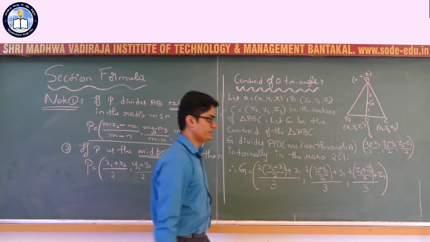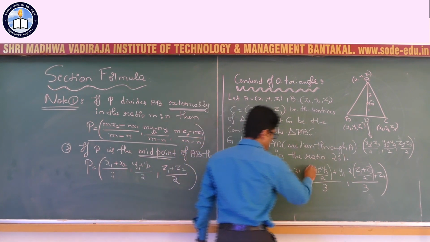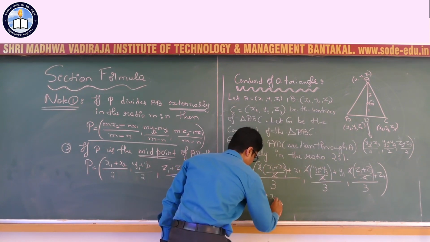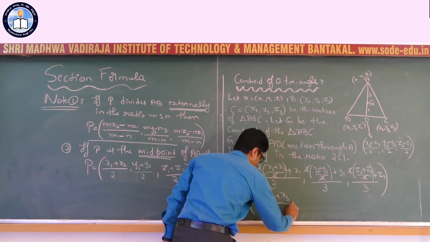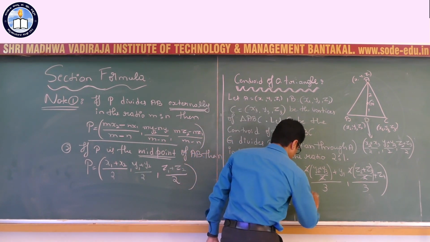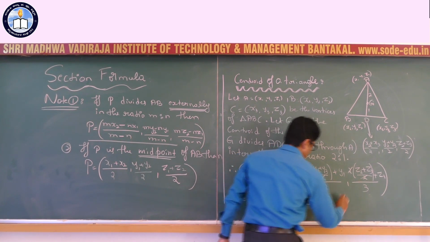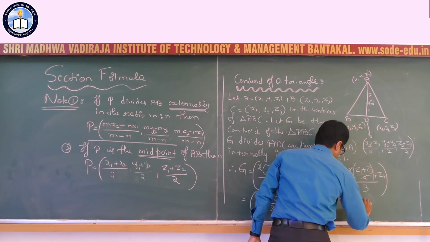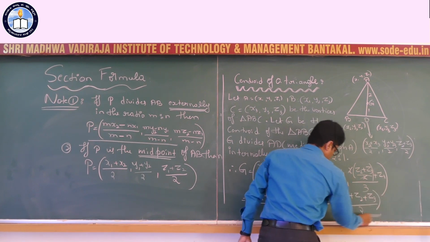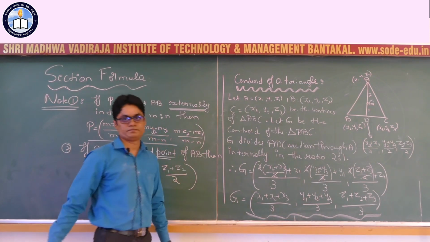And this final answer, can you tell me? 2 cancel, 2 cancel, 2 cancel. So it will be (x1 plus x2 plus x3) by 3, (y1 plus y2 plus y3) by 3 and (z1 plus z2 plus z3) by 3. So this will be the final answer. This is the coordinates of G.